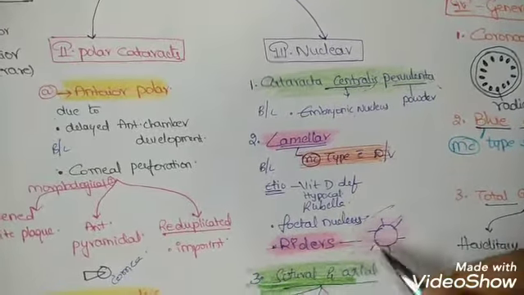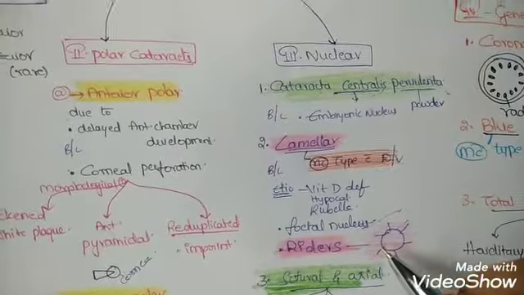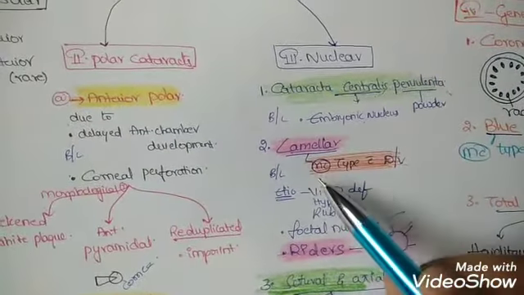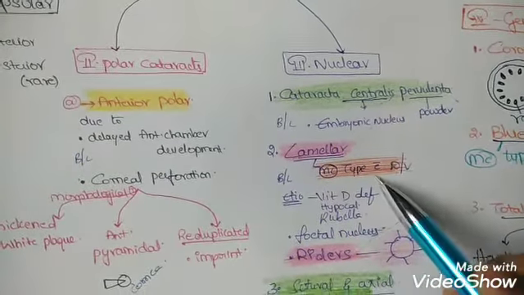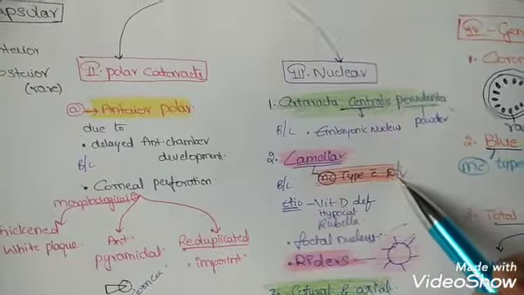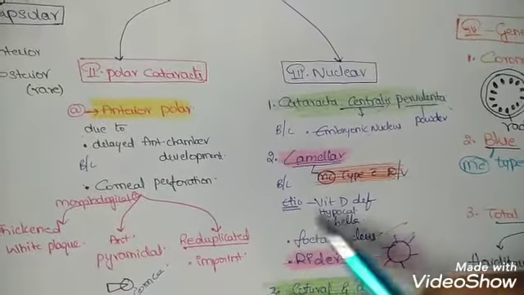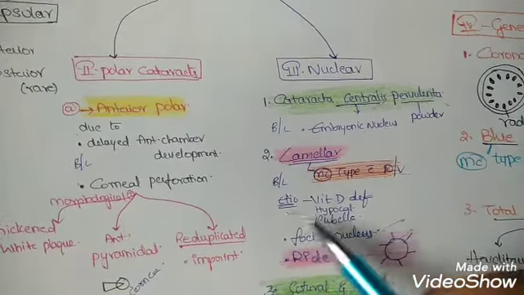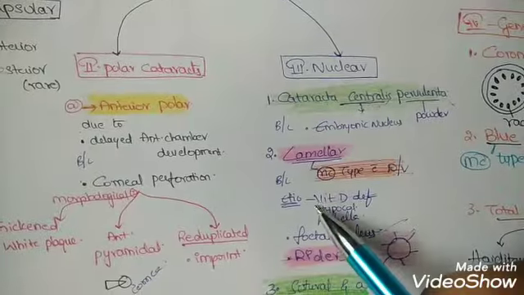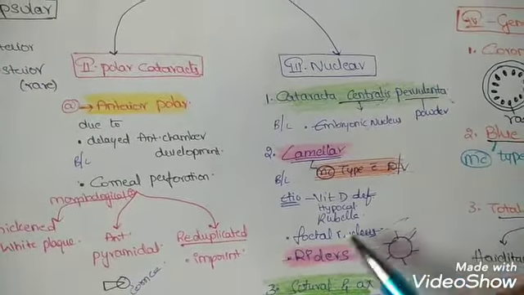Those are called riders, which is very important to remember in the lamellar cataract. And one thing is, it is the most common type causing the diminution of vision. The etiology here is also very important, that is vitamin D deficiency leads to lamellar cataract.